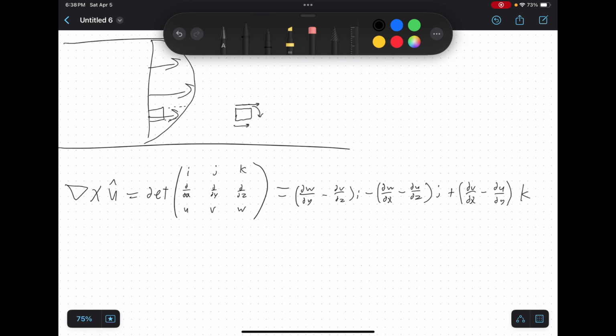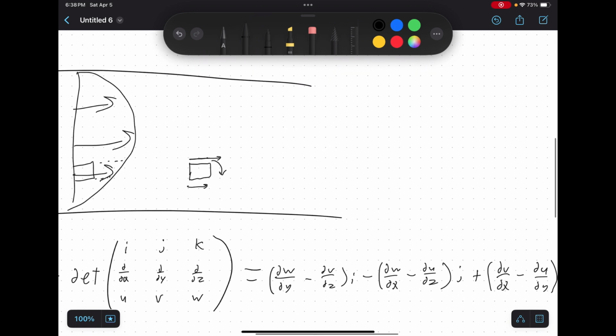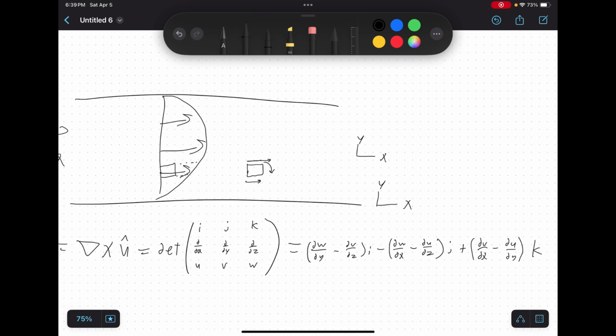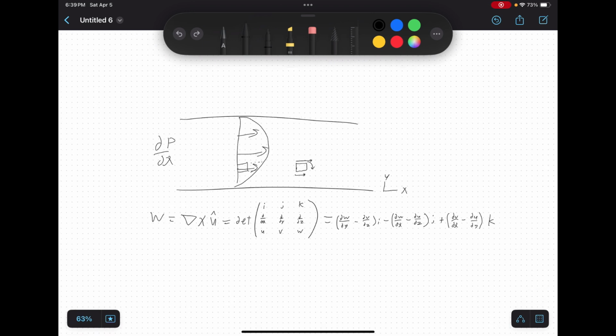So what does this mean? All right, back to this example. I did the math, and the flow profile, if you assume y is 0 at the bottom, some people assume y is 0 in the middle. Either one's fine. You'll get different answers, but they'll mean the same thing.